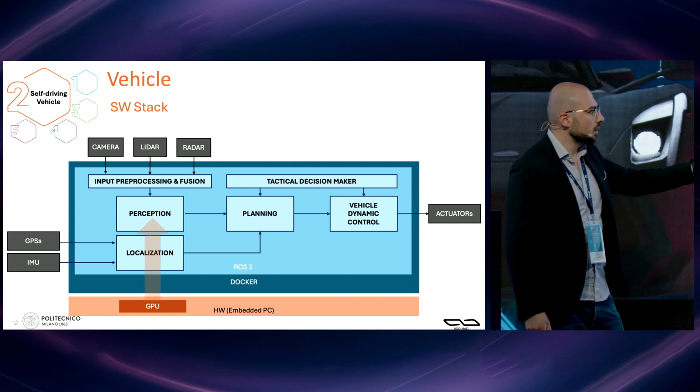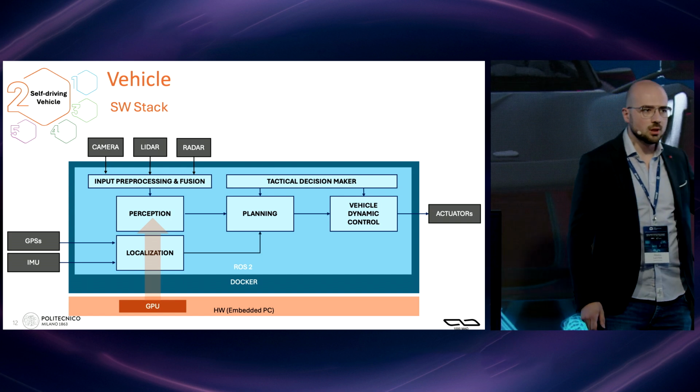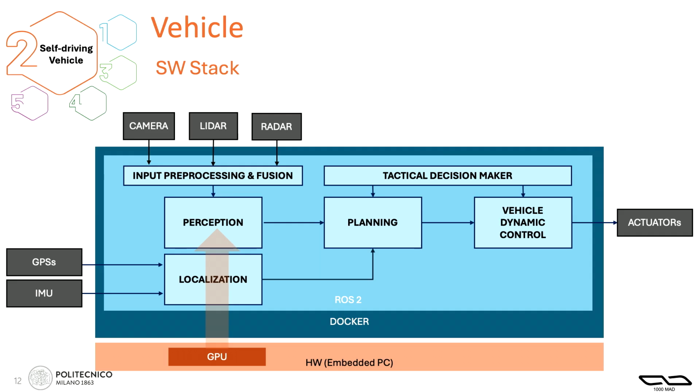The stack is based on ROS2, the Robot Operating System, and this allows us to be very modular, since we are also a university. We need to be very rapid in bringing a novelty into the car and allowing our students to join the project and be ready since the beginning.